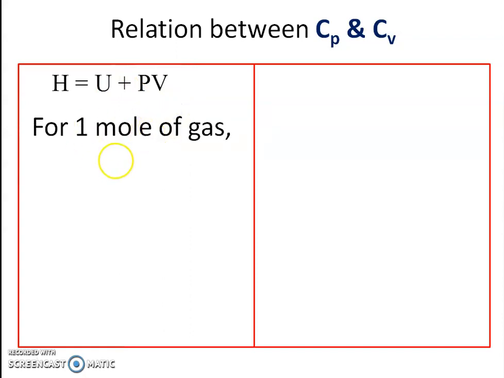For 1 mole of gas we know that PV is equal to RT. In this expression for enthalpy there is a PV term. We can replace this PV by RT, and therefore we get H is equal to U plus RT.